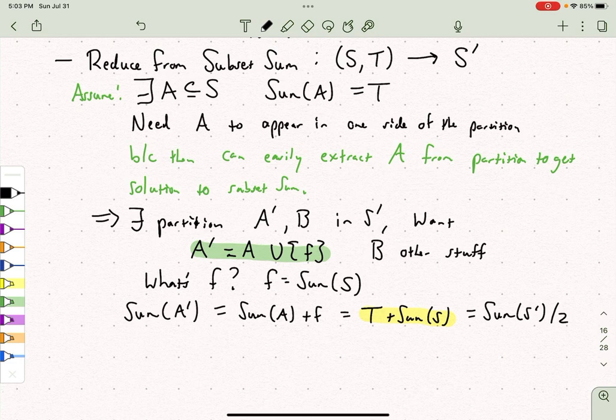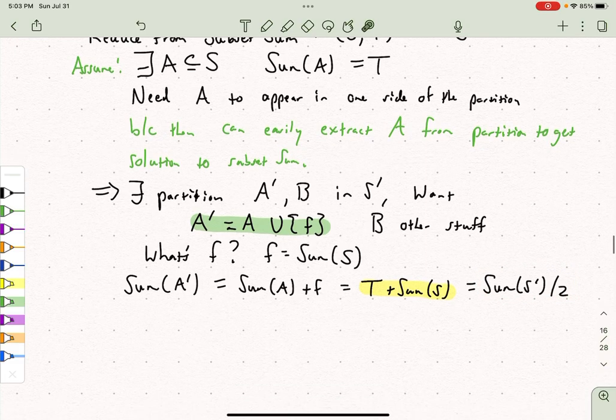Now, to do that, we'll need one extra element. So in particular, notice that if T plus the sum of S is all of this, then on the other set B, what's B going to be?